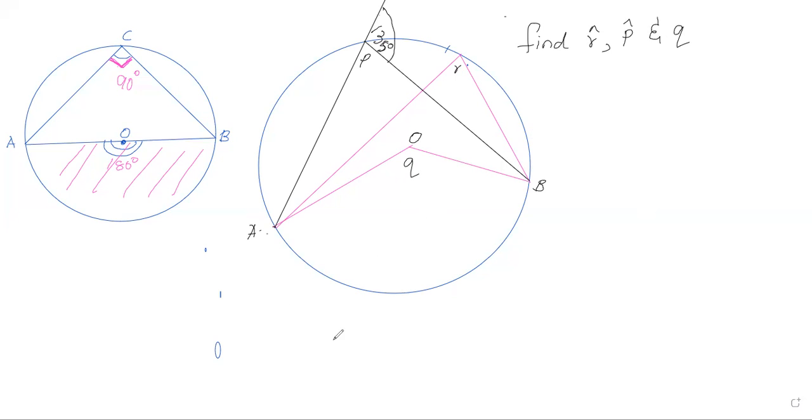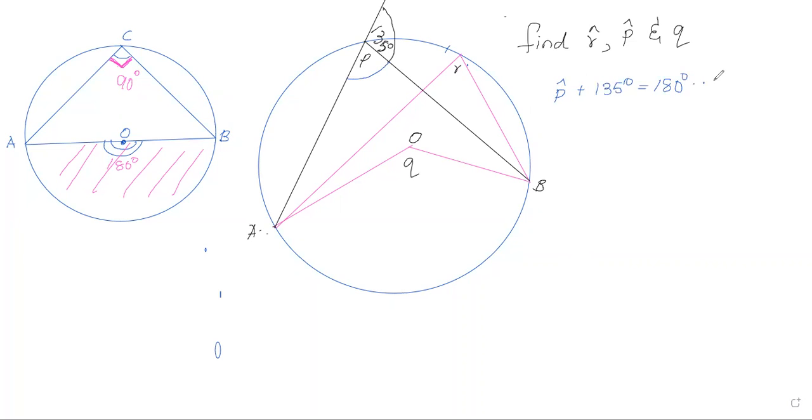Now, from our diagram there, angle P must give us 45 degrees. We say angle P plus 135 degrees is equal to 180 degrees.